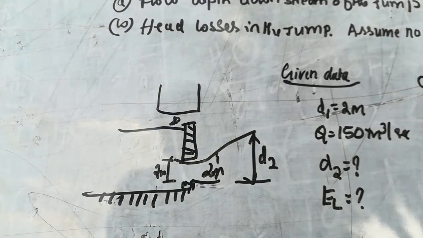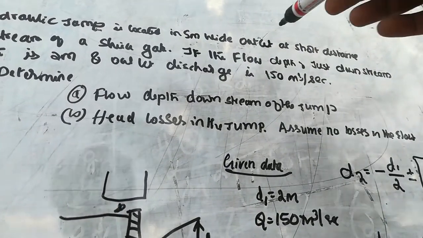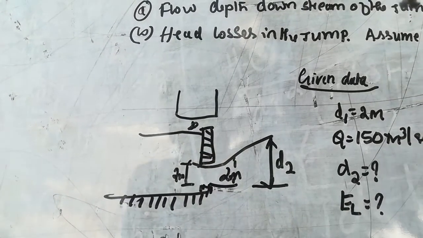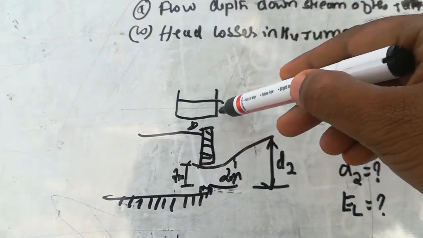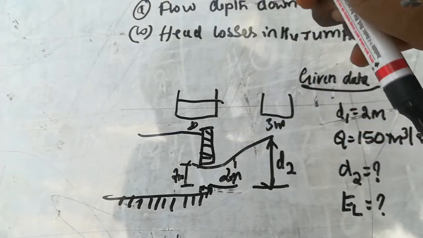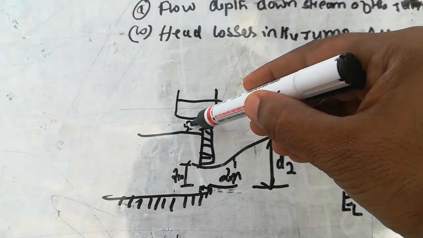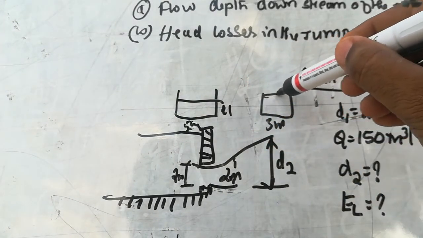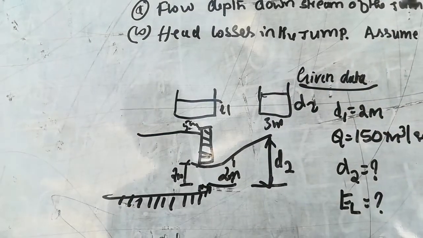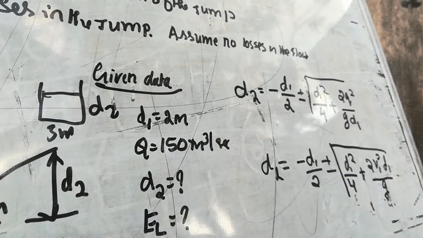So the width is 5 meter, at d1 also 5 meter wide, and at d2 also 5 meter wide for the rectangular channel. So the width is the same. If the width is not changed, then q is also the same.